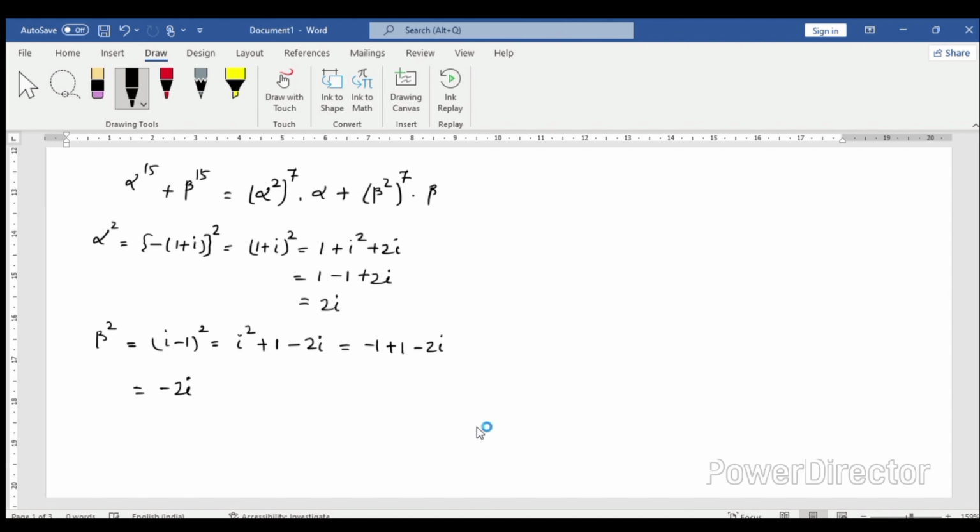Now we have to find alpha square power 7, which will become 2 iota power 7. So 2 power 7 into iota power 7, where 2 power 7 is 128, and iota power 7 is minus iota.